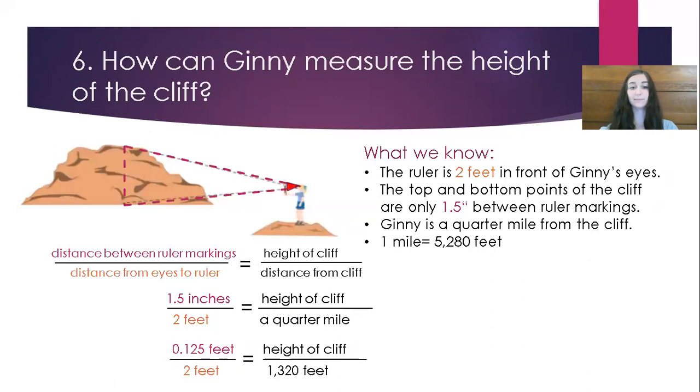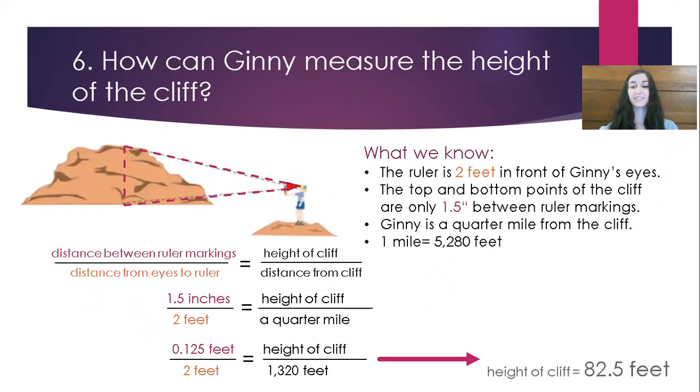So when we do that, we get 0.125 feet, and then we divide it by 2, and then we get height of the cliff divided by 1,320 feet, because we're taking what 1 mile equals and we're dividing it by 4 so that we get that 1/4 mile. We're not looking for the full mile, but just a 1/4. So that's why we divide this number by 4 and we get 1,320 feet.